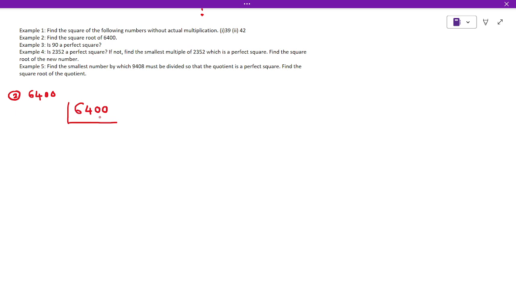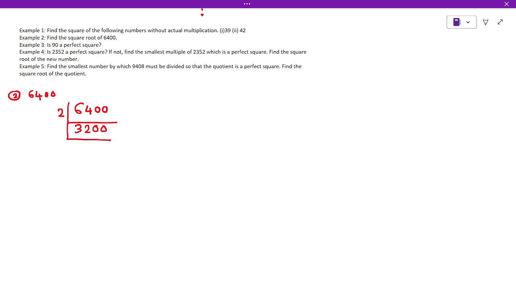Here we always start with 2. Always remember, regardless of the size of the number, whether it is a smaller single-digit number or a bigger number, always start with the prime number 2. In the 2 table, 2 3s are 6, 2 2s are 4, and 0.